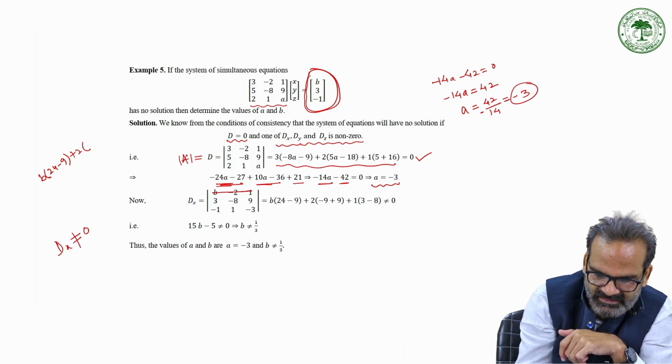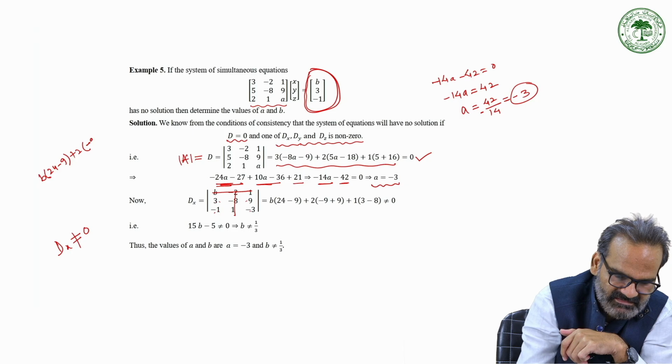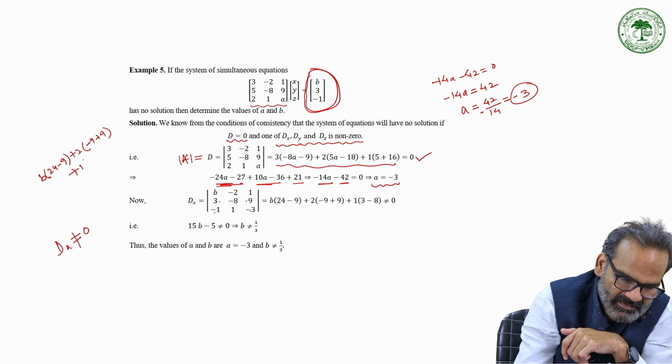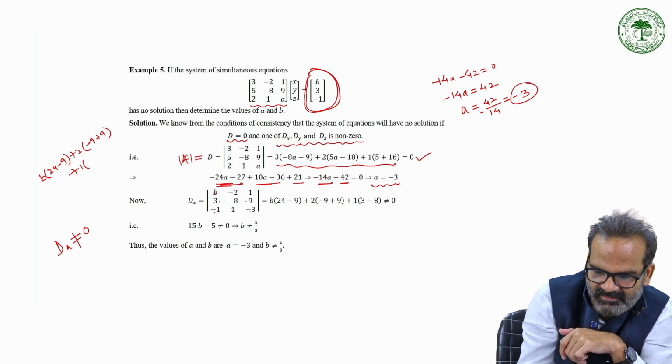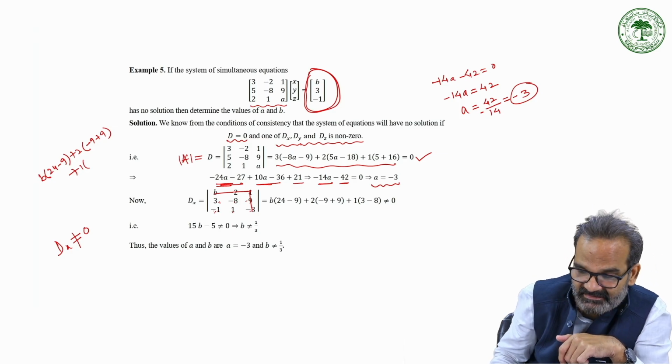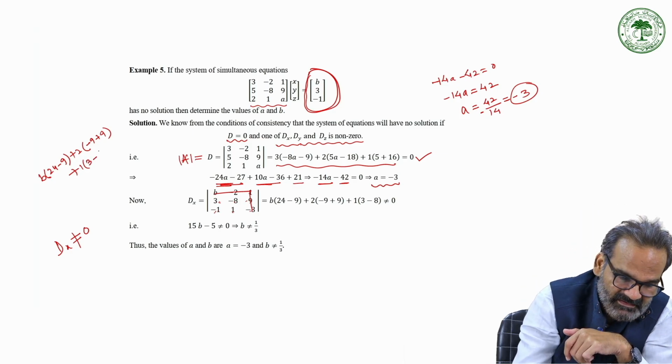Delete the row and column in which 2 lies. 3 into minus 3 is minus 9, 1 into 9 is plus 9. So this is minus 9 plus 9. Plus third term is 1. So 1, and then delete the row and column in which 1 lies. 3 into 1 is 3, minus 8 into minus 1, you will get minus 8. So 3 minus 8.